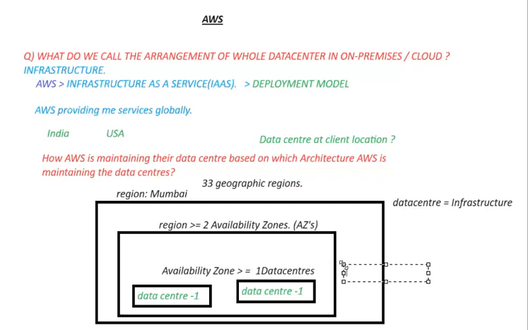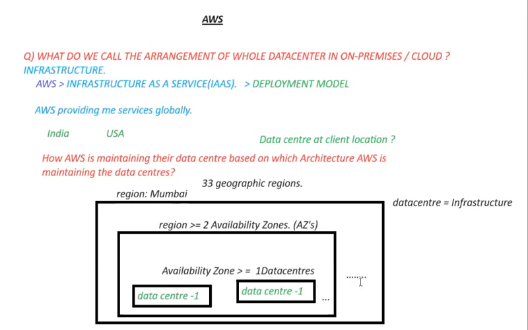That means, can I put "and so on" here? So more than 2 availability zones. In data centers, can I put "and so on" here, since it is more than one, right? So I drew 2 data centers here and so on, which means greater than or equal to 1 data center is present in a single availability zone. And in a region, I have more than 2 availability zones.